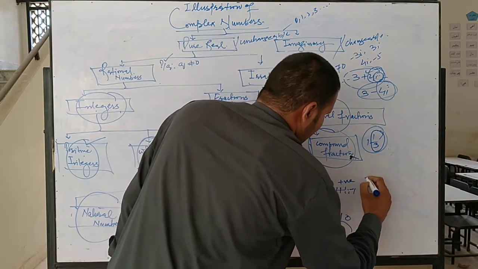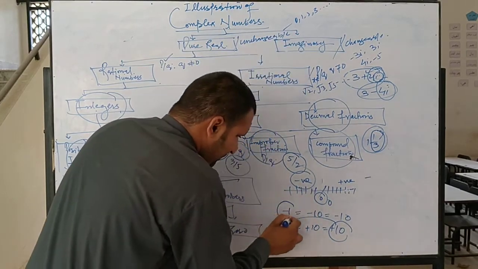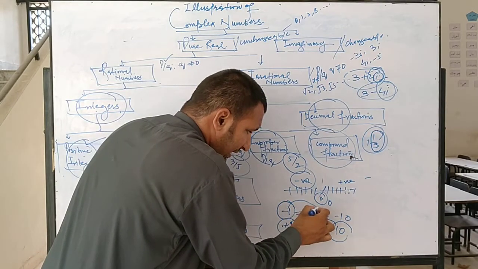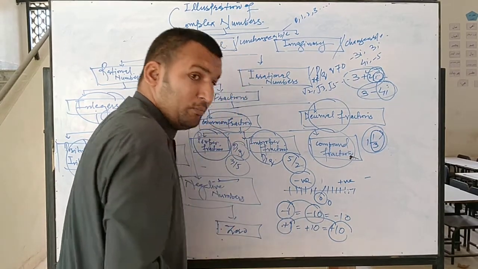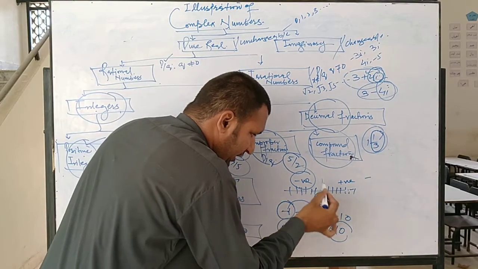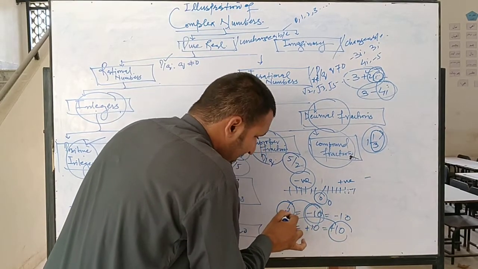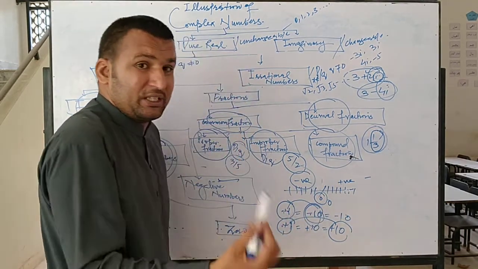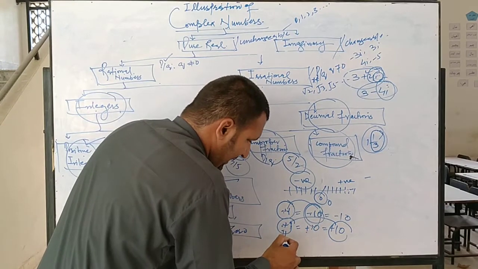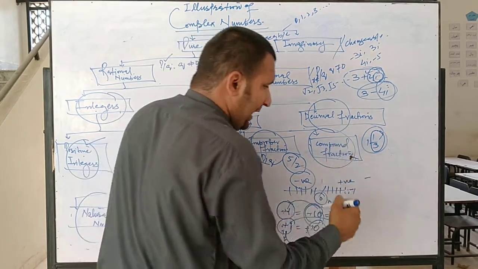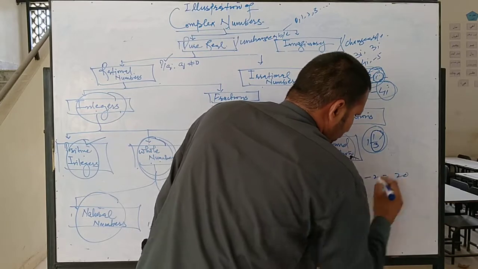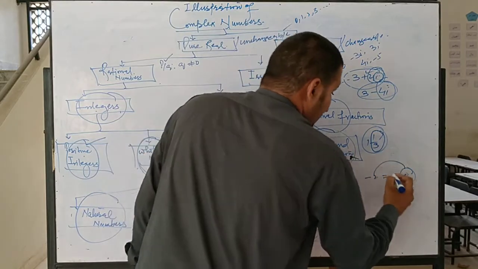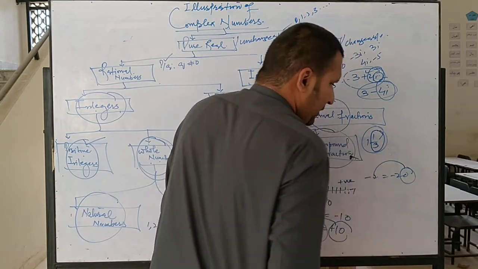Let's suppose -1 is odd, +1 is odd. Means -1, we take the value 0, -1 converts into -10. Means odd converts into even and does not change the statement of negative, and +1 is odd, does not change the statement of plus, but odd numbers convert into even. Again even: -2 with 0 becomes -20.